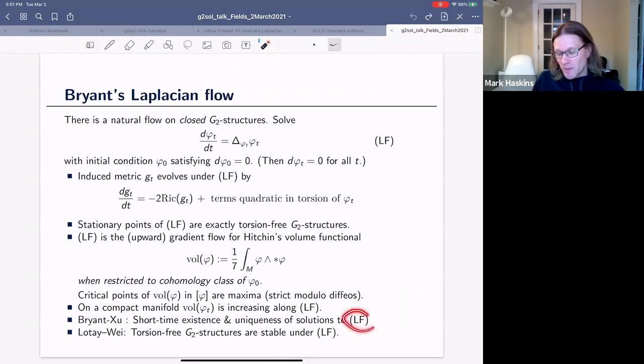So a natural question would be, does this flow have short time uniqueness and existence? And the answer is yes. It's not completely trivial. That was proven in an unpublished paper of Bryant and Zhu. The subtlety is that even once you take into account diffeo invariance, things are parabolic only in the direction of closed forms.